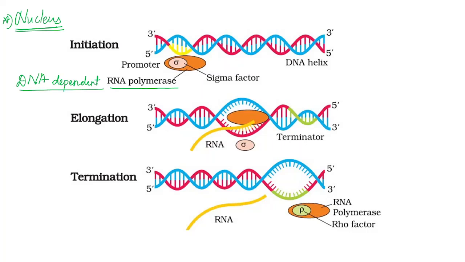What exactly happens? How exactly will the process start? Let us explain. The process of transcription takes place in the nucleus and it includes 3 steps: first one is initiation, second one is elongation, third one is termination.